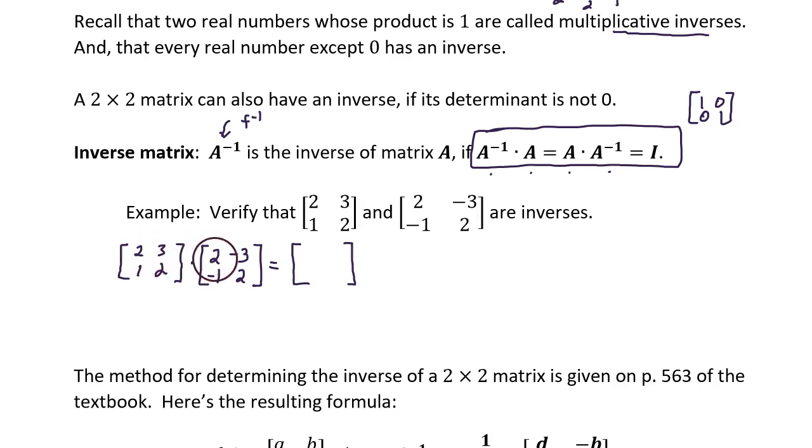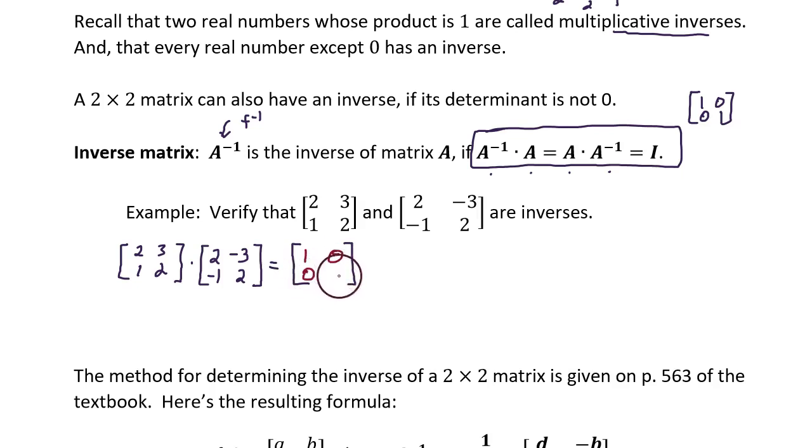2 times 2 is 4, plus 3 times -1, which is -3, and that makes 1. Now we'll do this top position. 2 times -3 is -6, plus 3 times 2, which is 6, and that does make 0. Now let's do the bottom left position. 1 times 2 is 2, plus 2 times -1, and that does make 0.